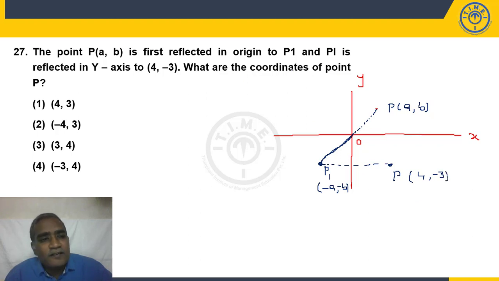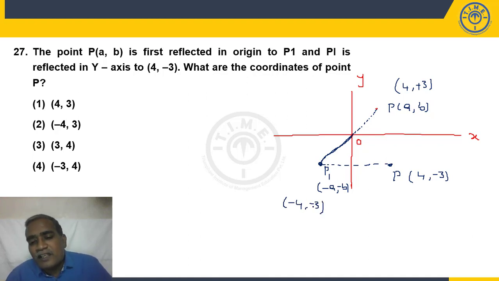What are the coordinates of the point P? Yes, what is P? This is the question. Suppose this is 4 comma 3, both are positive. Since it is 4 comma minus 3, here you take 4 comma 3. What is the reflection of 4 comma 3 with respect to the origin? Minus 4 comma minus 3.